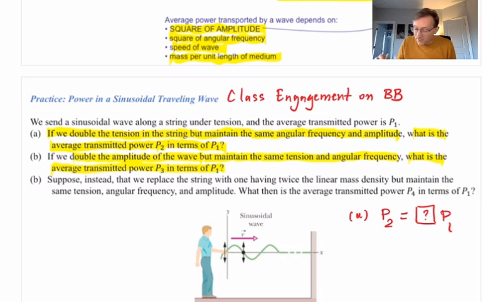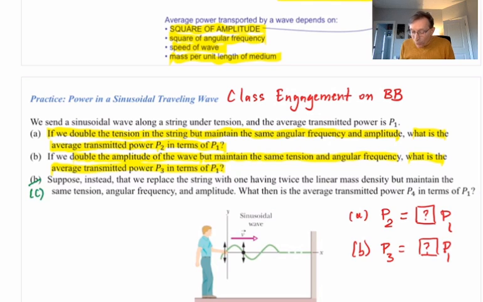So when you answer B, you're going to have to figure out P3 as some number times P1. P1 was the original power from the original situation, with the original tension, the original amplitude and the original angular frequency. So P3 is some number times P1. What's P3? And lastly, that should be a C, of course, we are to do this experiment.